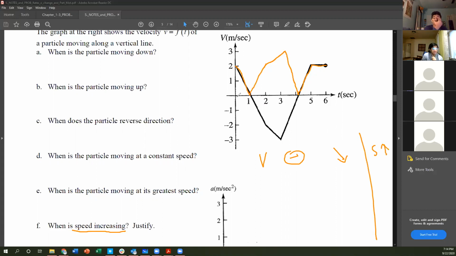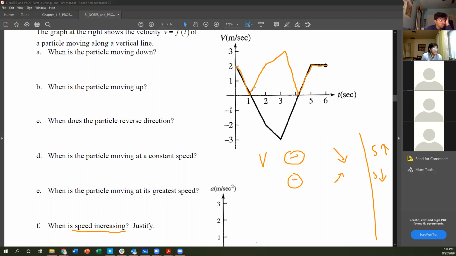But when velocity is negative and then increasing, the speed is decreasing. Velocity is negative from this region to this region, but the velocity is increasing. So that's why the speed is decreasing. I'm sorry. Does this make sense, what I'm saying? Yeah. Okay.